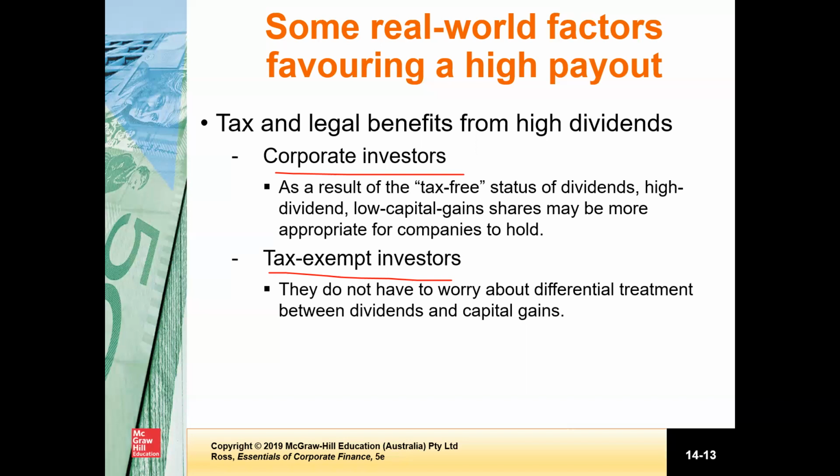Overall, individual investors, for whatever reasons, may have a desire for current income and may thus be willing to pay the dividend tax. In addition, some very large investors, such as corporations and income tax exempt organizations, may have a very strong preference for high dividend payouts.